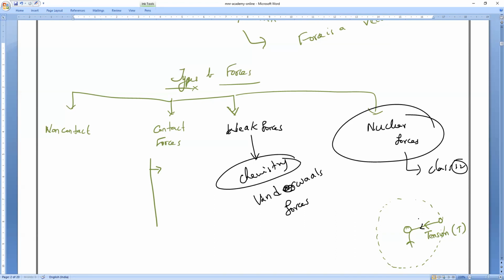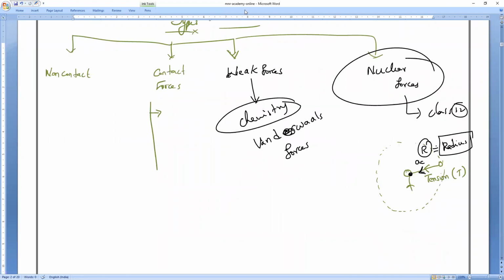So the centripetal force is acting towards the center, or along the radius. So contact forces, they have multiple types. The first one is tension, which acts in a rope or a string, whatever you have.